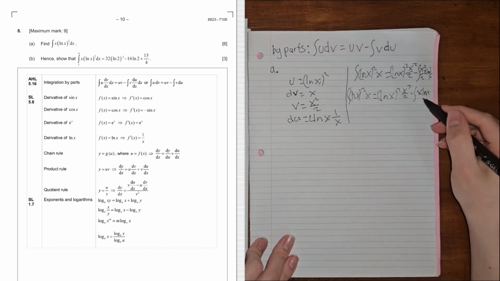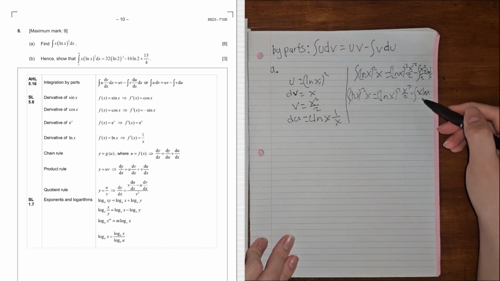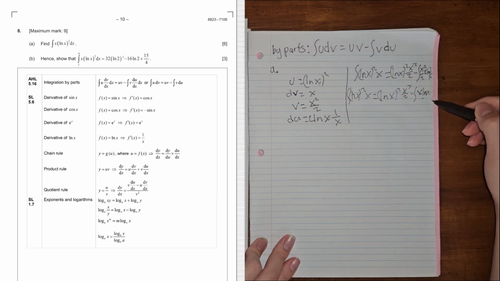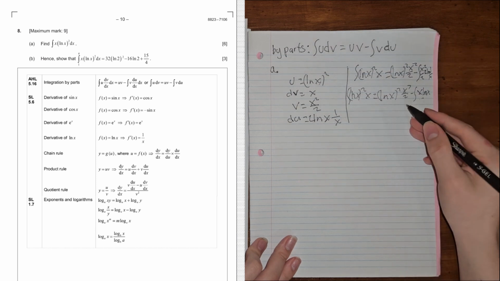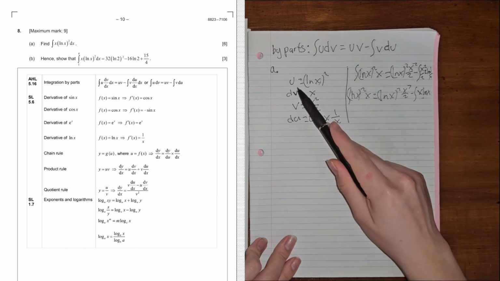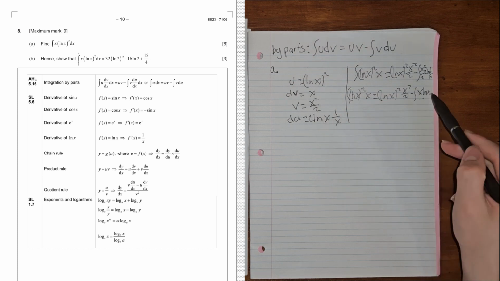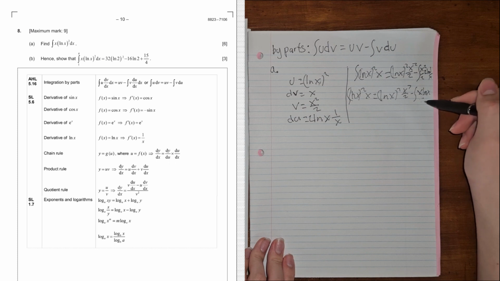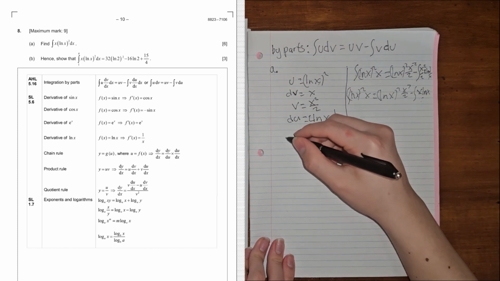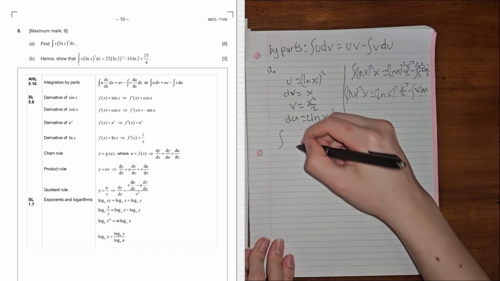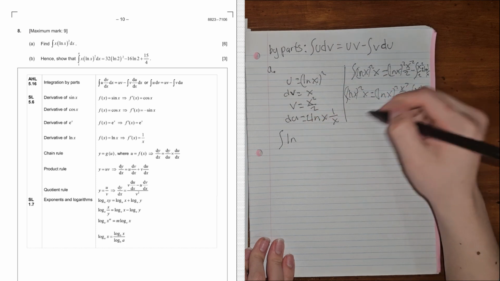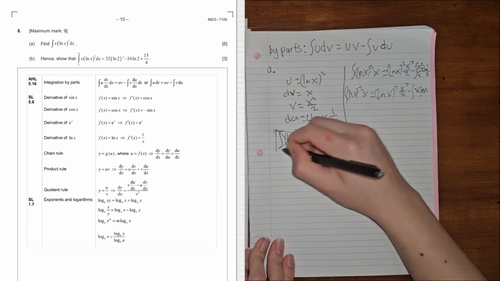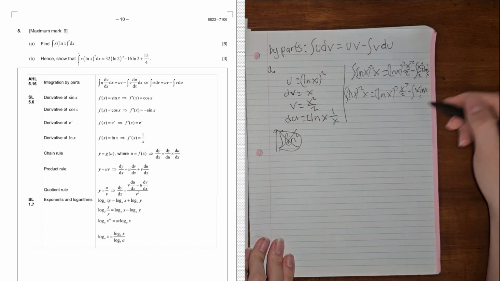Now we're going to need to find, yet again by using integration by parts, the integral of x ln x. In this case, u is going to yet again be the ln x term, and dv is going to be the x term. We're going to ignore the rest and just do this integral first.